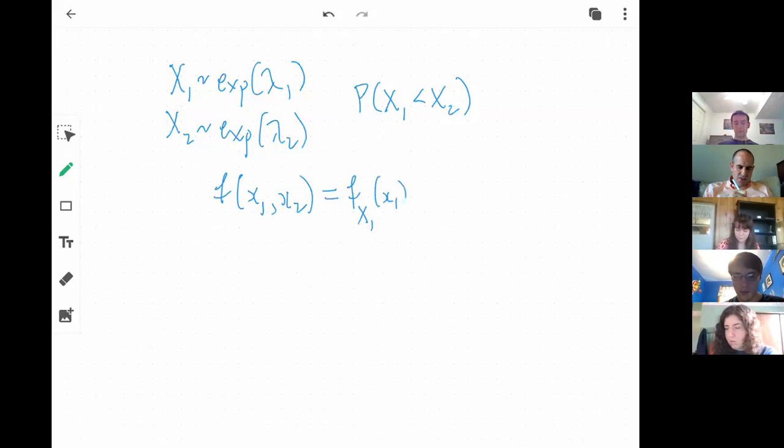F of capital X1 of x1, and then F of capital X2 of x2. What is the density of X1? Well, remember it's lambda e to the minus lambda x, right? So this is going to be lambda 1 lambda 2 e to the minus lambda 1 x1 minus lambda 2 x2.